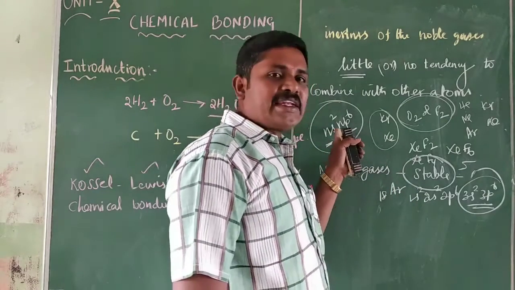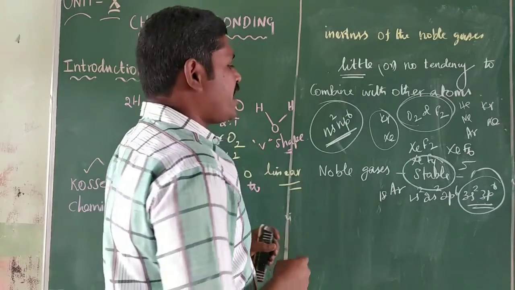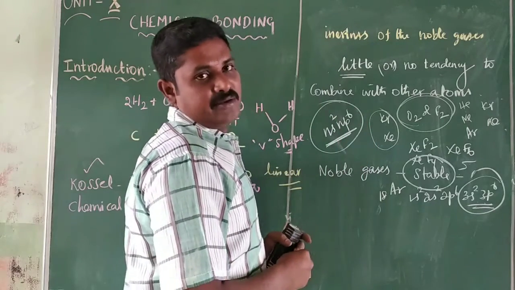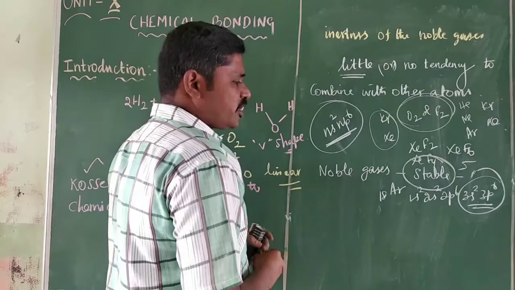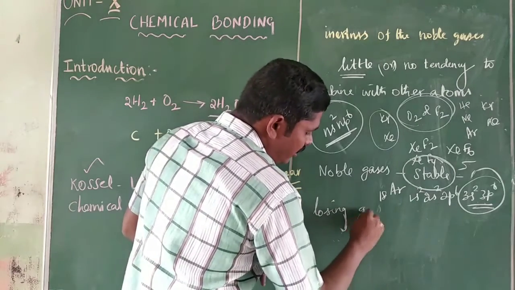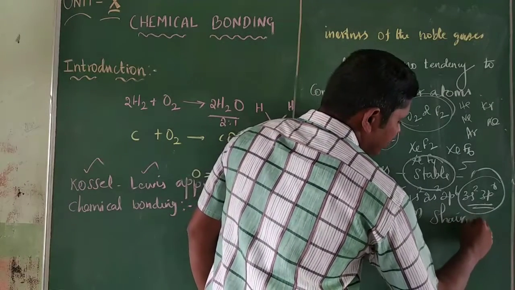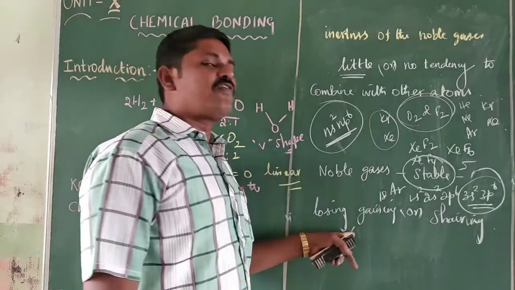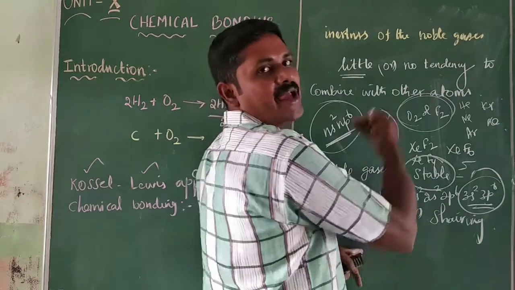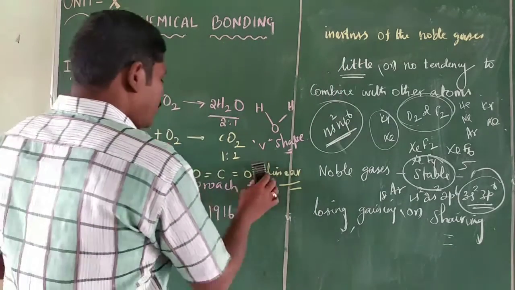The elements other than noble gases try to attain the stable, completely filled electronic configuration by losing, gaining or sharing one or more electrons present in the outermost shell.